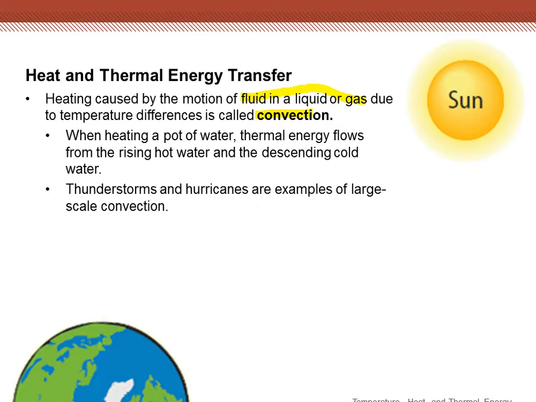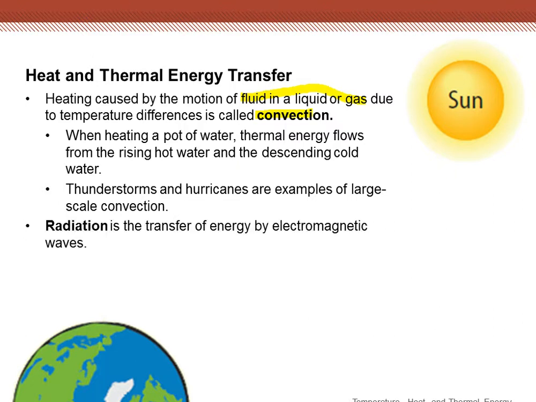So as you heat the water, we're heating the pot through conduction most likely, if it's sitting on the stove, and then the water is transferring energy within itself through convection. And thunderstorms and hurricanes are examples of large-scale convection. This is the movement of air through our atmosphere and changing the temperature.